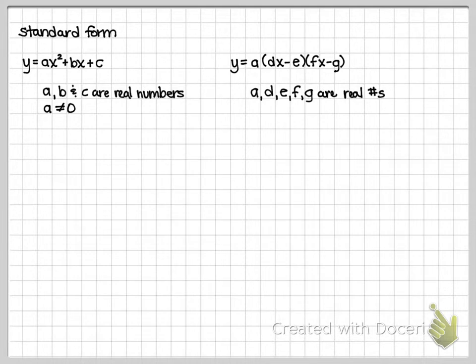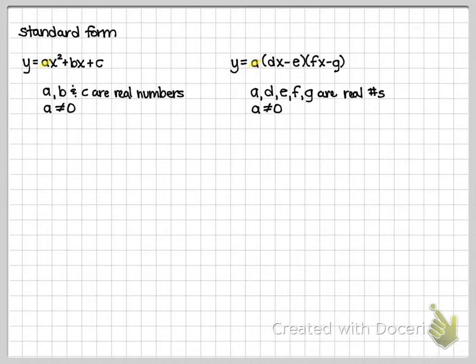And a still can't be 0. That's not allowed. In comparing these two, if we think about these as just two different forms, and I'll go through and name the other one in just a second, the only thing we know for sure that they have in common is that a value.